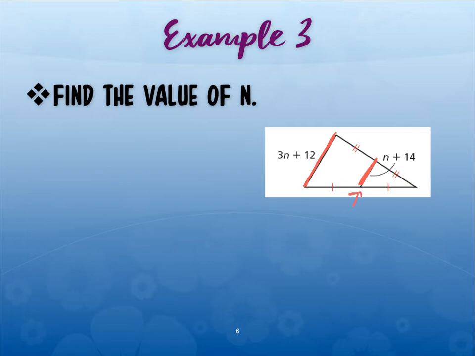So our midsegment here is half of the other, 3n plus 12. So how do we set that up in an equation? n plus 14 equals 1/2 times 3n plus 12. Perfect.